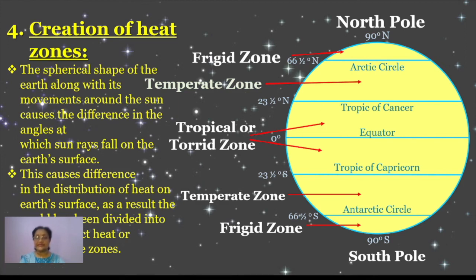These 2 regions are the 2 frigid zones on the earth. These are the coldest zones on earth because the sun rays fall there very obliquely. So ultimately the heat zones which we can find here are created because of this movement.